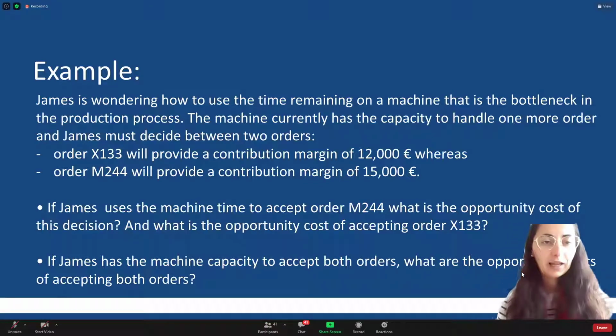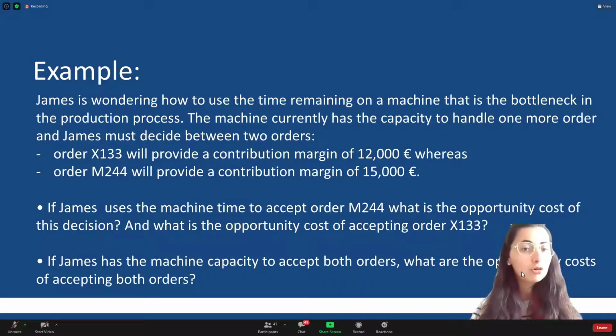The first one, X133, provides a contribution margin of 12,000, and M244 provides a contribution margin of 15,000. If James uses the machine time to accept order M244, what is the opportunity cost of this decision?